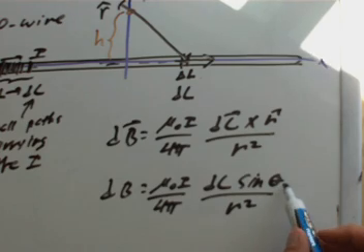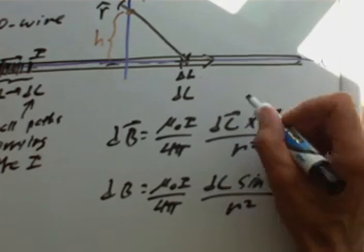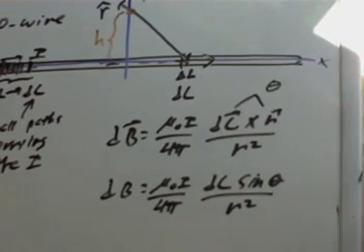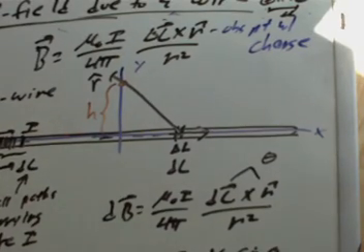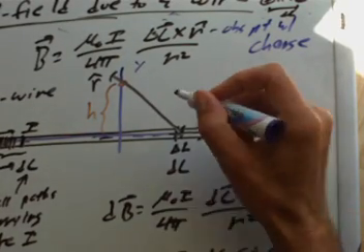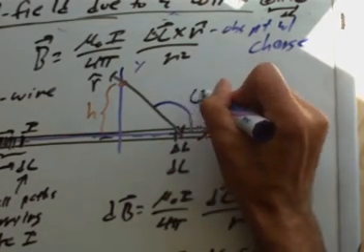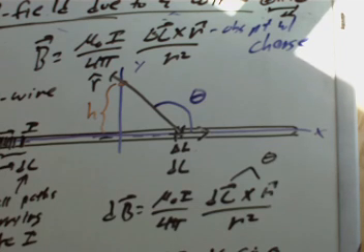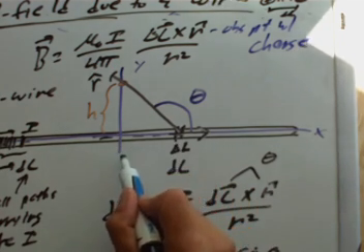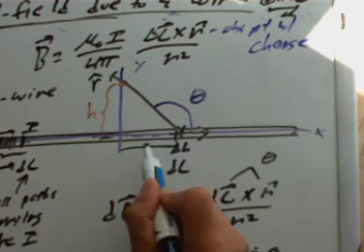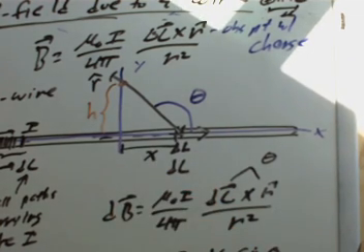And now the sine theta here still is the angle between r hat and dl. It's very clear to see on the drawing where that theta is. In fact, it's just this angle right in here. And we also know that the dl here is at any given hypothetical time a distance x from the coordinate system right there.